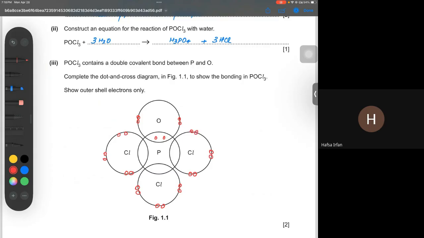Then we have another chlorine, and how many electrons does phosphorus have? You can say 5: 1, 2, 3, 4, 5. So this is chlorine, chlorine, and chlorine. So each and every element has a full electronic configuration.